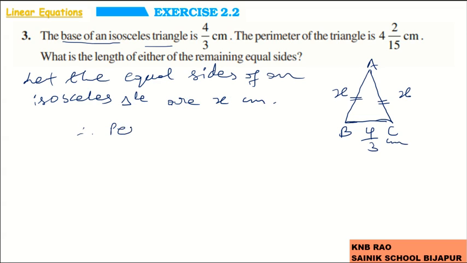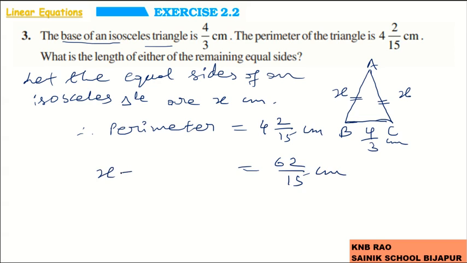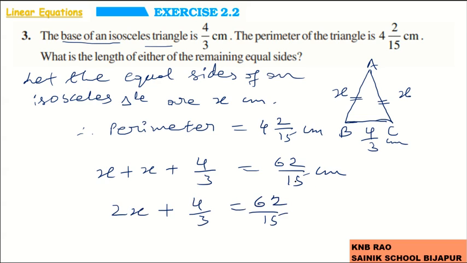Therefore, perimeter is 4 integer 2 by 15 centimeter, which is nothing but 62 by 15 centimeter, is x plus x plus 4 by 3. x plus x is 2x plus 4 by 3 equals 62 by 15, and I just made the mixed fraction an improper fraction.